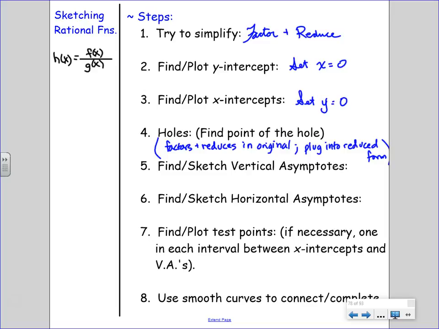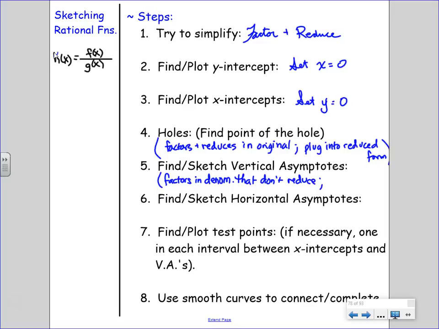Find, sketch, vertical asymptotes. How? They're the discontinuities, or the zeros in the denominator, or the factors in the denominator that don't reduce. Vertical asymptotes, they're the ones that are still stuck.